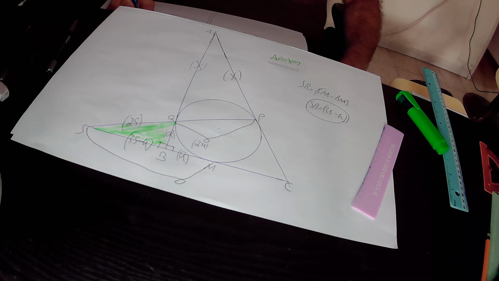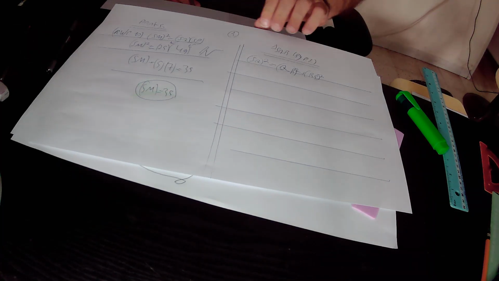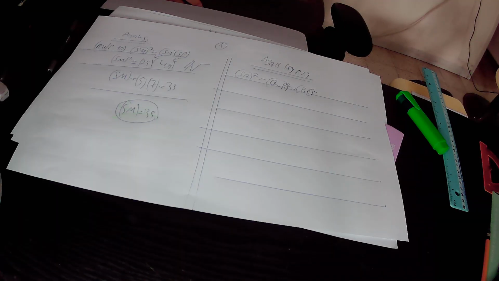And again, according to the Pythagoras theorem, in this right triangle SQB, SQ squared, that is the square of the hypotenuse, equals to QB square plus BS square.